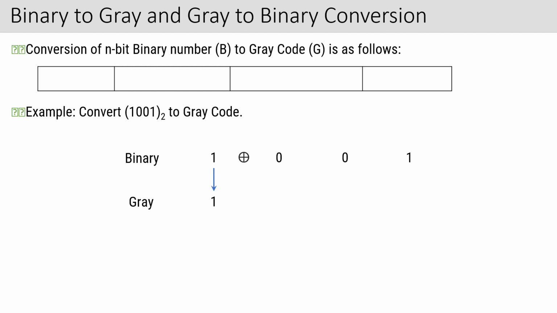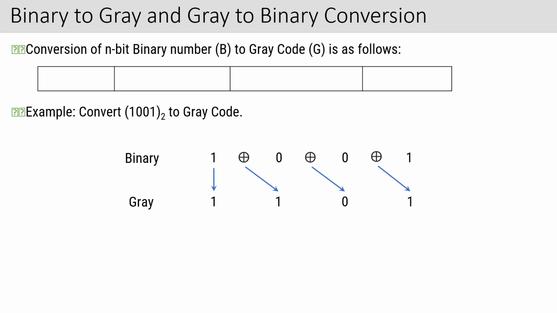Then you will have to perform this operation. This is an example of the XOR operation. So now you see, what will you do? 1 you are writing as it is. Then 1 0, that is 1, right? Then 0 0, that is 0, and 0 1, that is 1.